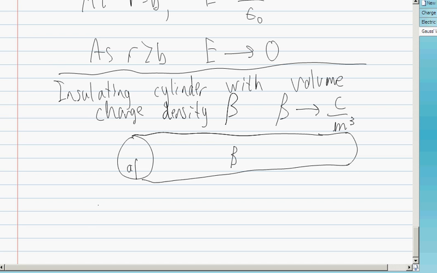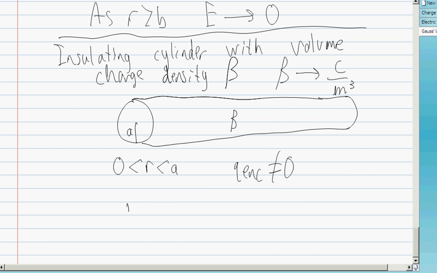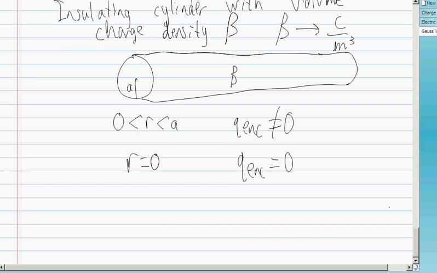Well, this time from 0, from when the radius is between 0 and A, Q enclosed is not 0. But at R equals 0, Q enclosed is 0, because we don't have any stuff to move. We haven't grabbed any of it yet. But it's going to be a little bit more complicated deal. And let's give it a length L. That'll be fun. It may not even matter.